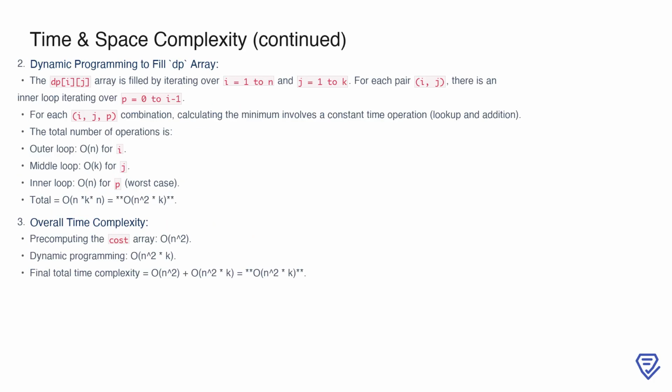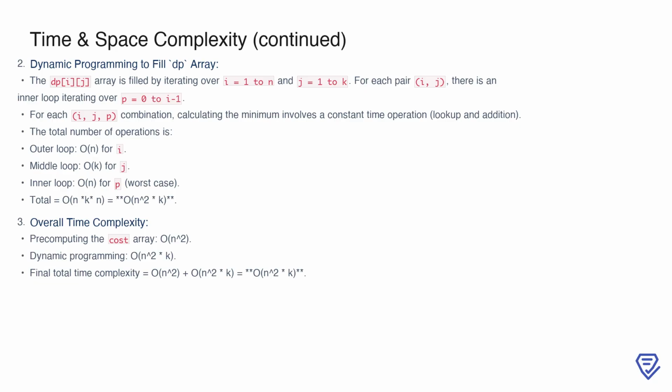Next, we consider the dynamic programming step, which involves filling the dp array. Here, we iterate over i from 1 to n and j from 1 to k. For each combination of i and j, there is an inner loop iterating over p from 0 to i-1. Within this inner loop, we calculate the minimum value for the current state using a constant time operation for lookup and addition.